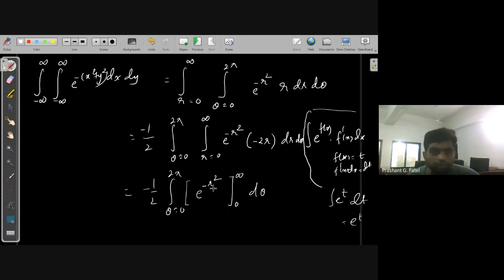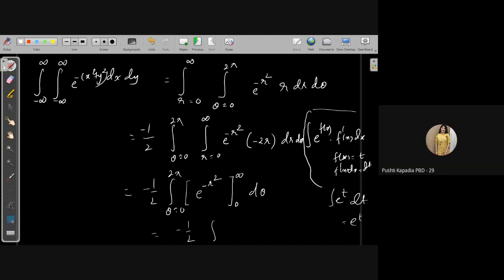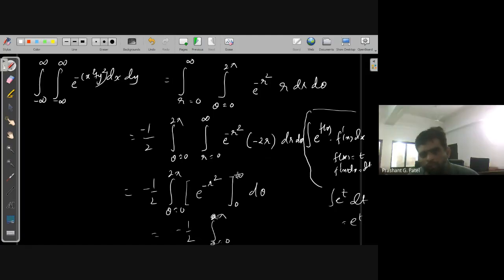When you substitute infinity here, what will be the answer? 0. Why? Because it is e power minus infinity. E power minus infinity is 1 upon infinity, and 1 upon infinity is 0. So 0 minus, when you substitute 0 here, e power 0 is there, which will be 1. So you will have 1 d theta. So this minus minus becomes plus.